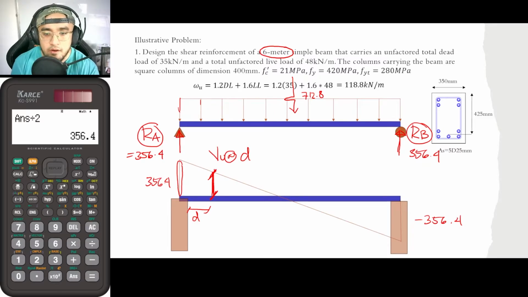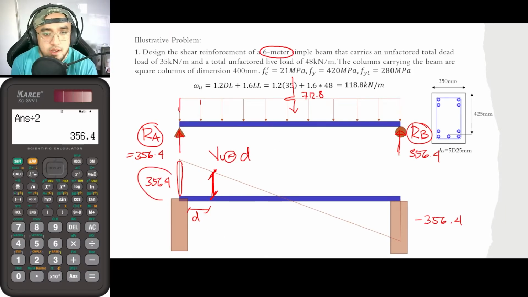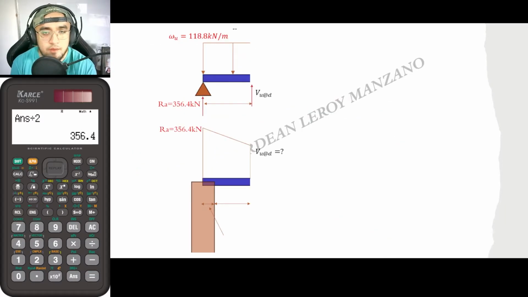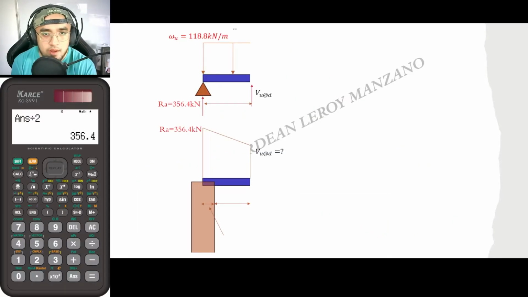So again, for safe values, our reaction is 356.4. So this is the reaction. And I will be cutting a section at this particular point. When I have cut the section, it is actually here.